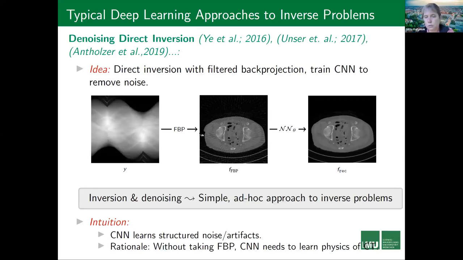It basically just needs to learn denoising, and maybe it needs to learn structured noise, because out of this reconstruction, the noise might have a very special form. So you invert and then you denoise. It's a very simple approach, but also to a certain extent effective. This is just putting one thing after the other: first a classical approach, and then a deep neural network.